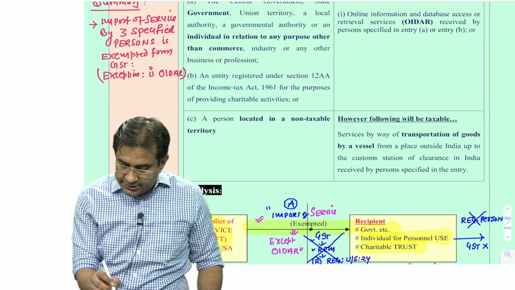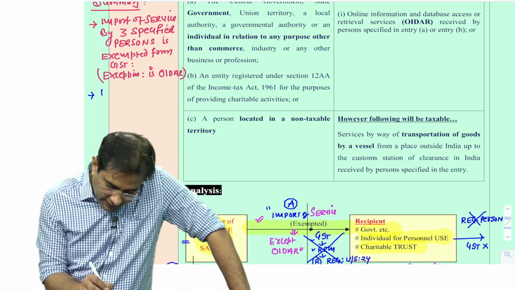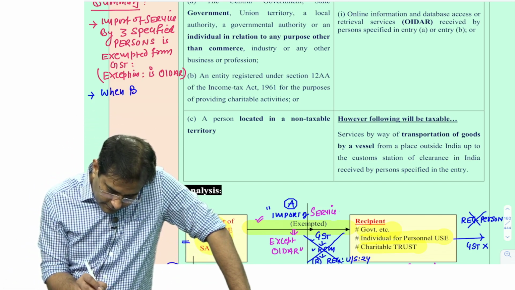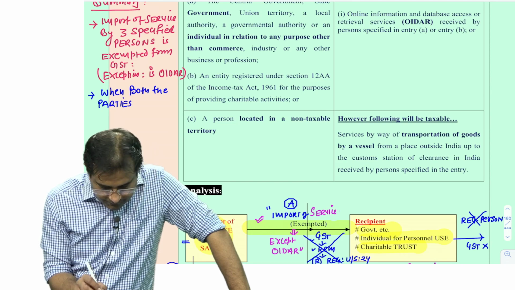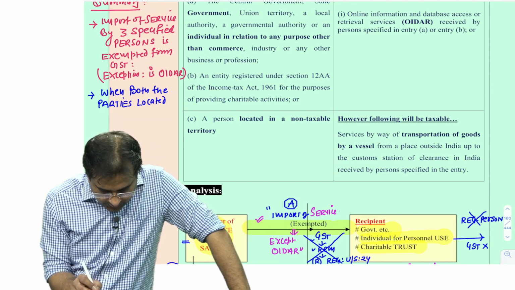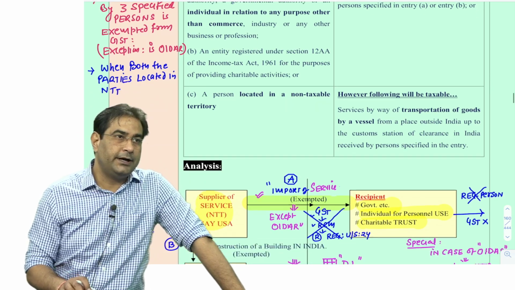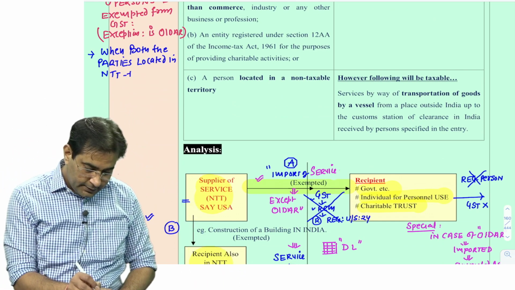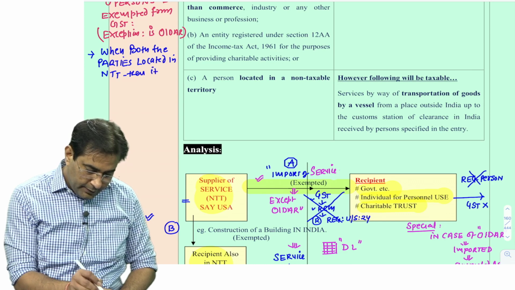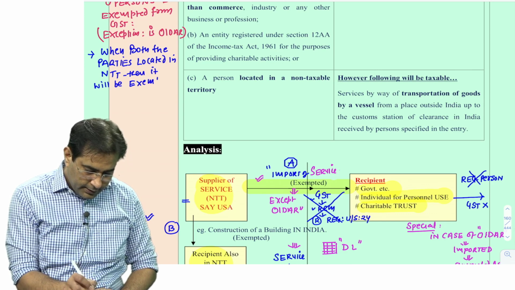And the second point, summary of the second point is this: when both the parties are located in non-taxable territory, then it will be exempted.